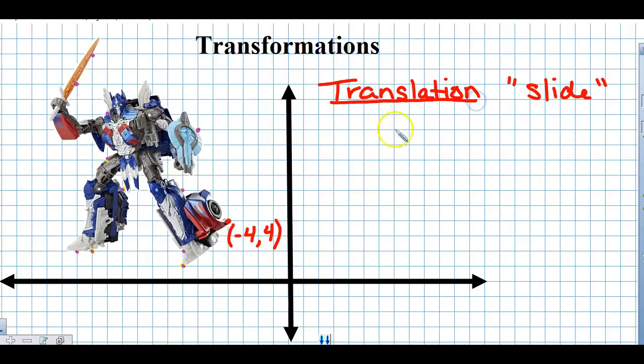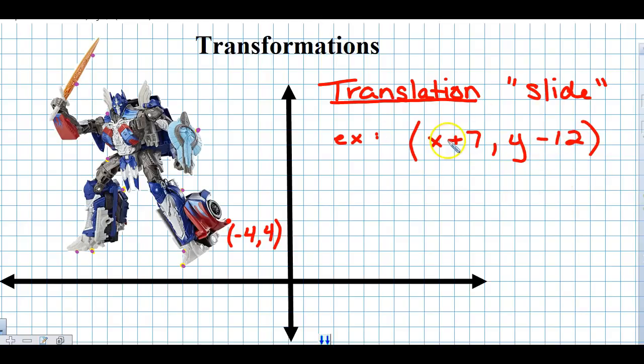So if I tell you that I'm going to translate like such, and I know it looks funny, but what this really means is we're going to take whatever x value we have and we're going to add 7. We're going to take whatever y value we have and we're going to subtract 12.